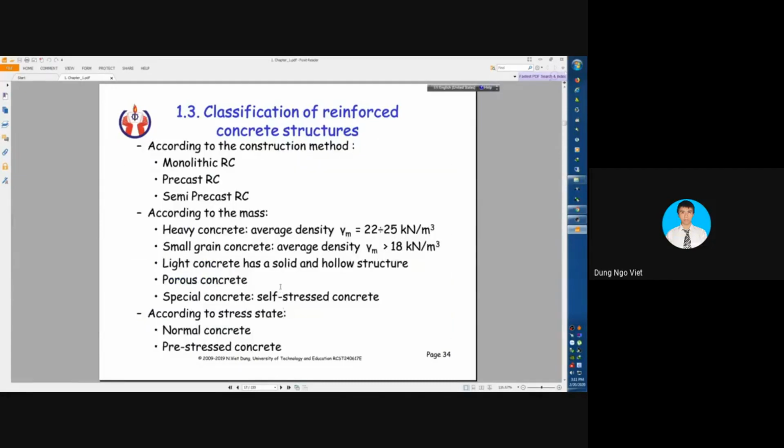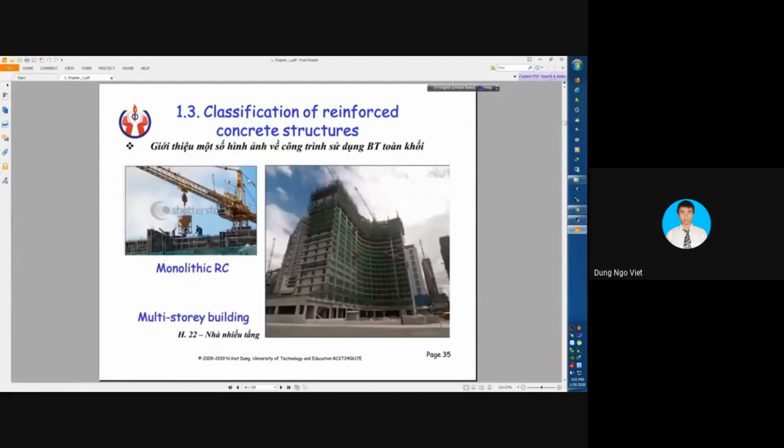So here are some figures, some pictures about the application of monolithic reinforced concrete. For example, here we have a multi-story building or high-rise building.